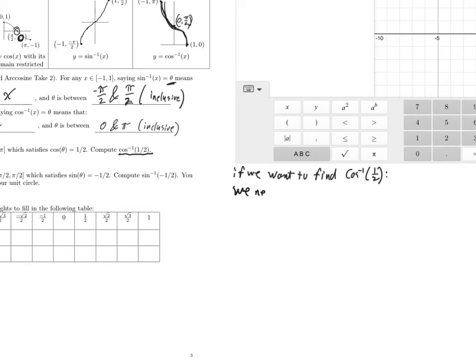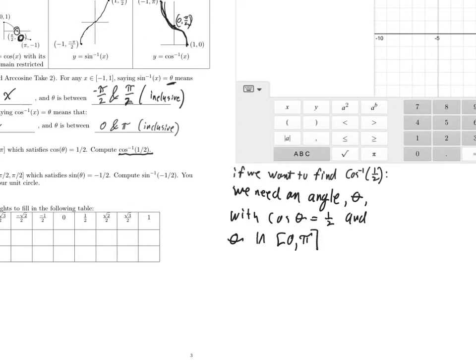We need an angle, call it theta, with cosine of theta equal to 1/2, and theta between 0 and pi.